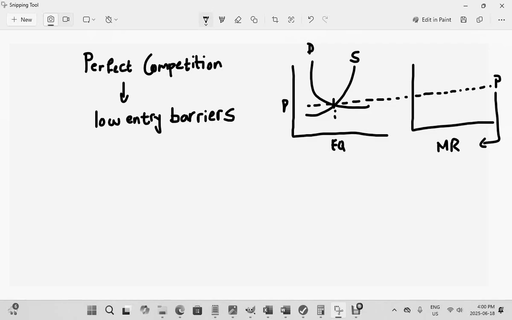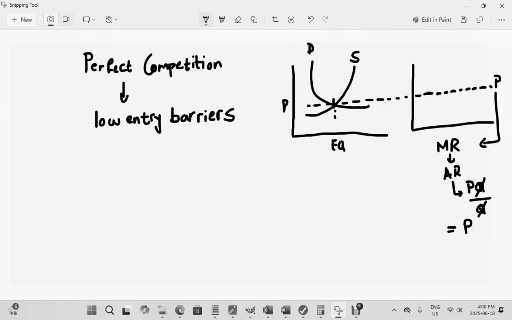Your marginal revenue will also be equal to your average revenue. Average revenue is PQ over Q, which is price times quantity over quantity, which means average revenue is also equal to price. That's the reason why this flat line is the price for perfect competitors.